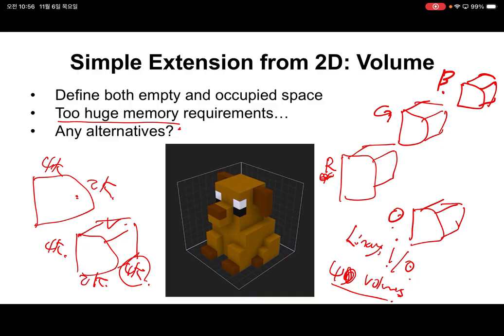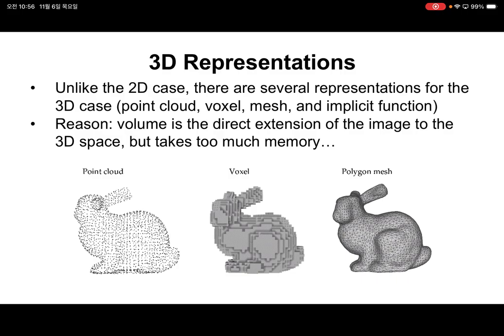in many cases. In the 2D case, we only have images, right? But in 3D, depending on your task and your preference, we use more than one representation. So we have point cloud, voxel, polygon mesh, or implicit function to define 3D data. Unlike the 2D case, there are several representations for the 3D case.